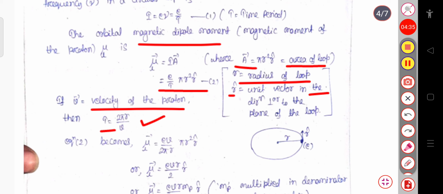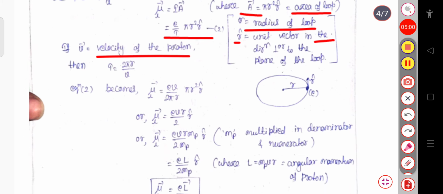Now in this equation mu L equal to e by T into pi r square r cap, in place of T if I substitute 2 pi r by v, then mu L will be equal to e divided by 2 pi r by v, or simply e v by 2 pi r, into pi r square r cap. So this is the value of mu L.